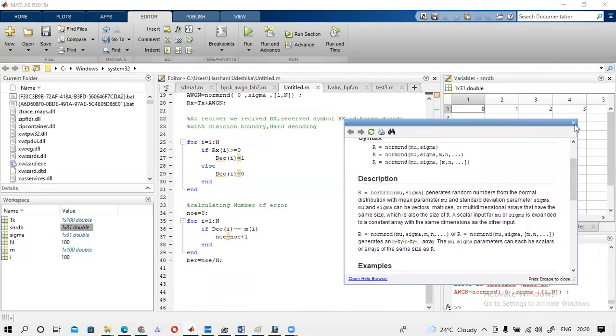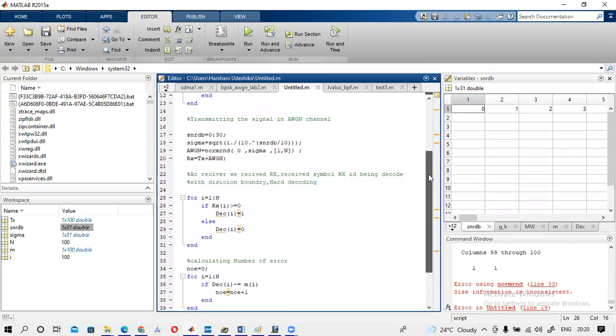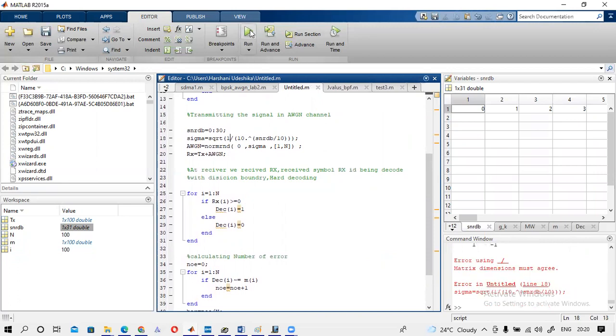Here I'm using some SNRDB value. So here we have 31 SNRDB values.